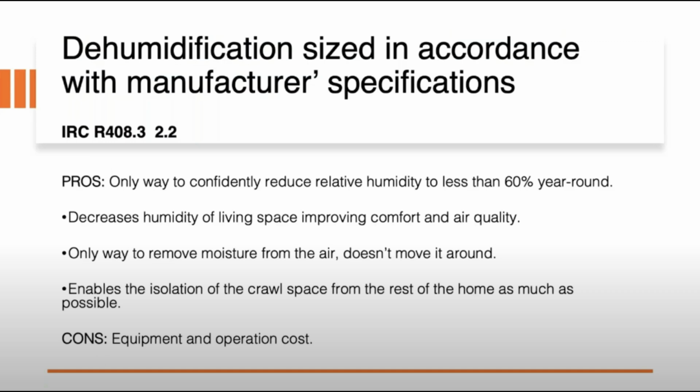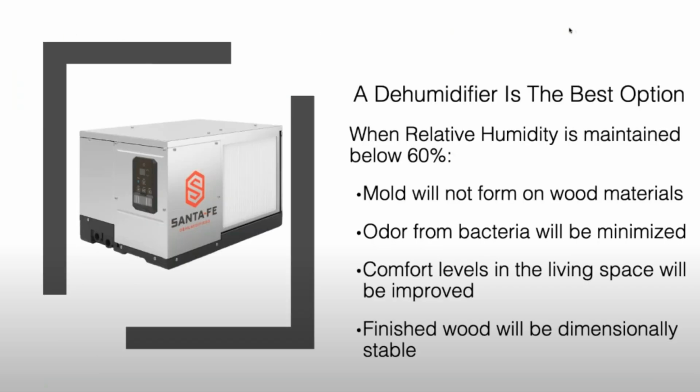Looking at this on a pros and cons level, the only con is the equipment and operation cost. There's always going to be an energy penalty for using dehumidification. This cost is nominal in my opinion, and pales in comparison to the issues you can have related to not conditioning a crawl space the correct way. At this point, we have established that the only true way to protect a conditioned crawl space is by adding a dehumidifier.